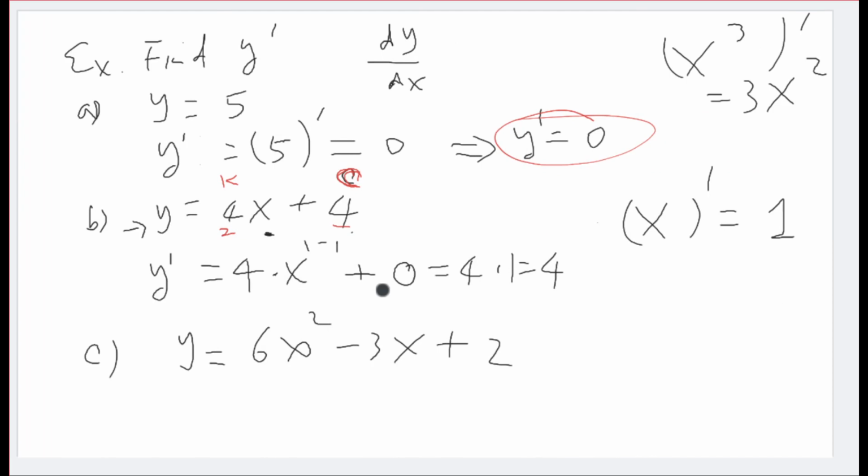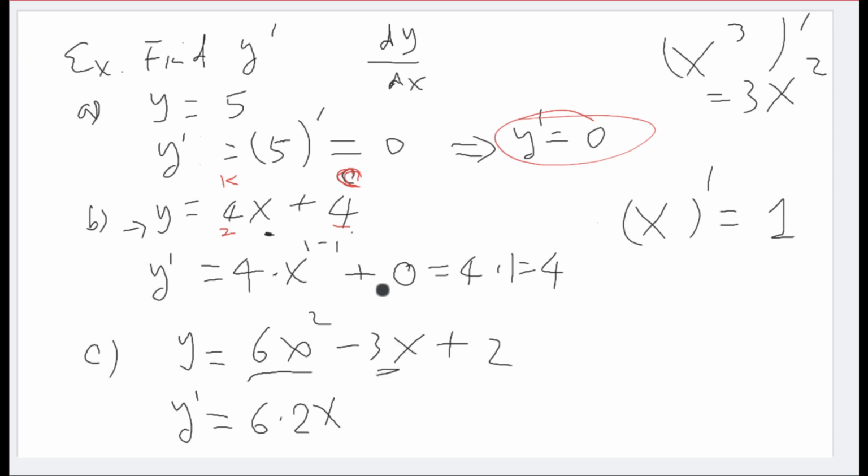So now let's differentiate. We're going to have y prime equals, starting a new line, y prime equals, so we're going to differentiate 6x squared. 6 is a constant, like the k kind of constant, so copy it down. Power, simple: bring the 2 down, reduce the power by 1.